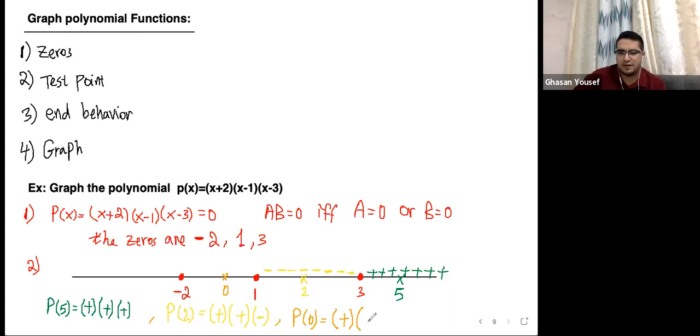Negative, right? Yes, okay. 0 minus 3, again it's negative. So positive times negative is negative. Negative times negative is positive. So the sign here should be positive. Any question? Please ask.